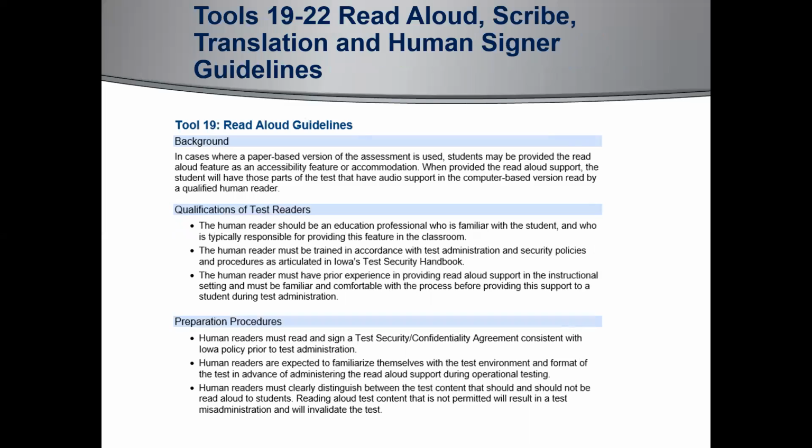Tools 19 through 22 include the read aloud, scribe, translation, and human signer guidelines. Please see the test security manual for the forms that need to be signed prior to implementation of the assessments for those that read aloud, scribe, translate, or are a human signer.